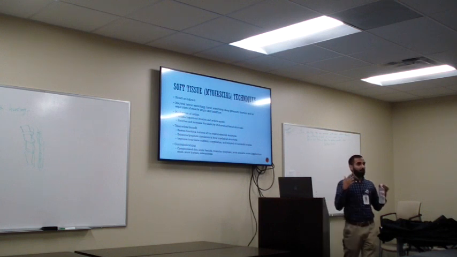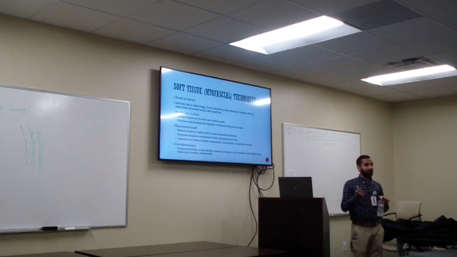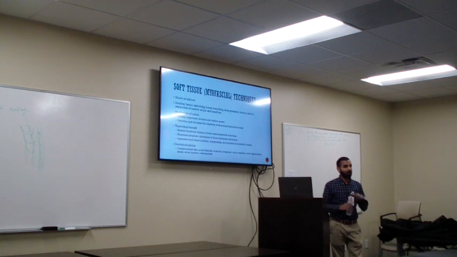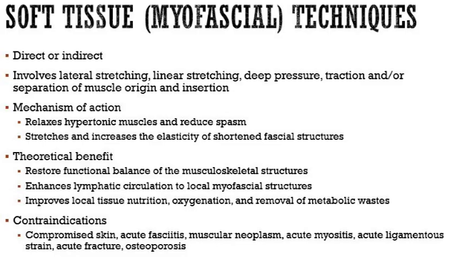Now, when you engage the barriers, you first have to decide, okay, what am I doing? Am I doing direct or am I doing indirect? And as we mentioned before, if there's an acute injury, direct is often uncomfortable. So indirect would be fine. More often than not, patients don't come right away when they're in an acute phase, so a direct technique should be okay.